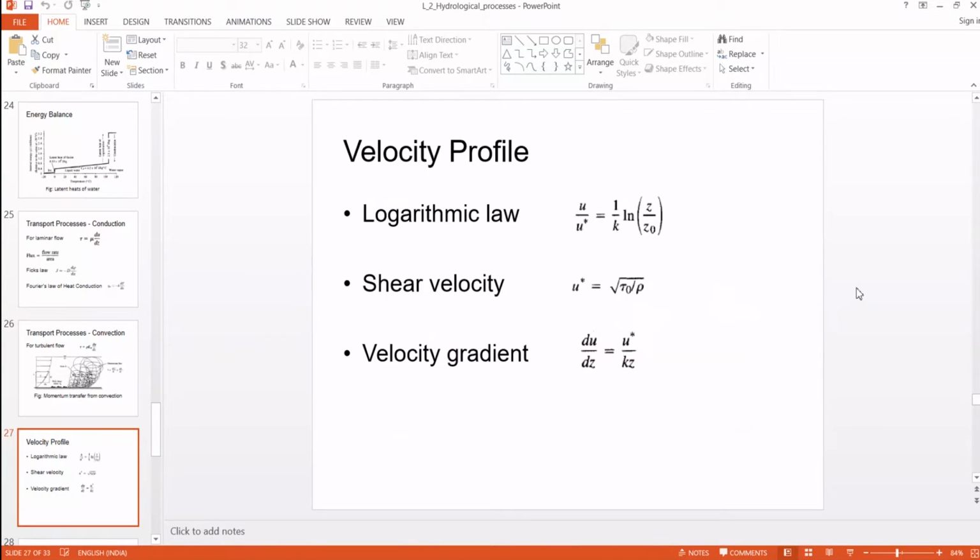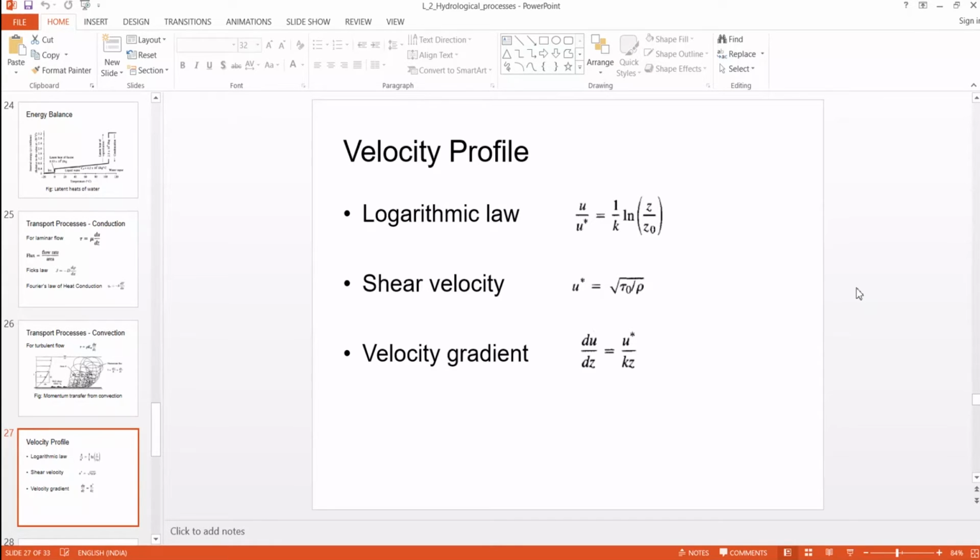In the hydrological cycle, the main driving force which transfers energy from one location to another is wind. The wind is a turbulent fluid flow phenomenon.